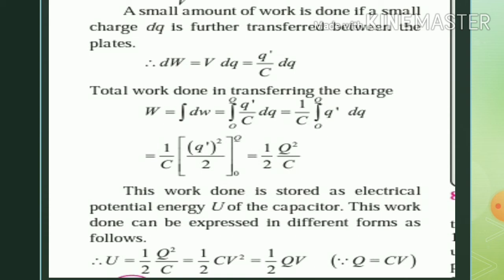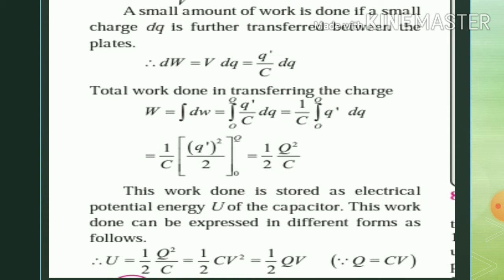Then we can write the equation in this way: W equals 1 upon C into square bracket, q dash, small bracket q dash raised to 1 plus 1 divided by 1 plus 1, square bracket complete, lower limit 0, upper limit Q. This is a simplified step. This step should not be shown on the screen.